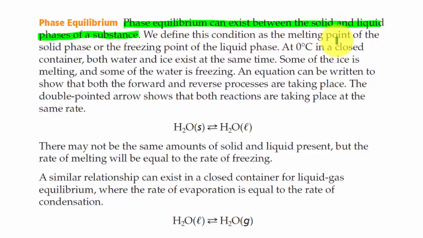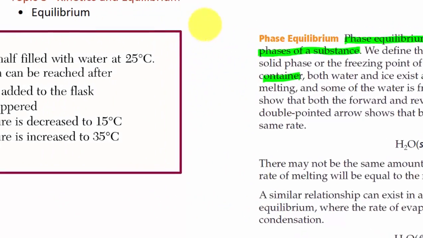This condition, known as the melting point of the solid phase or the freezing point of the liquid phase, is at 0 degrees in a closed container. So the key here is we have to have a closed container in order for a phase equilibrium to occur. At 0 degrees, it would be the melting point. At 25 degrees, it's just going to be the phase of being liquid or being evaporated. So we're just looking at the vapor above the liquid.